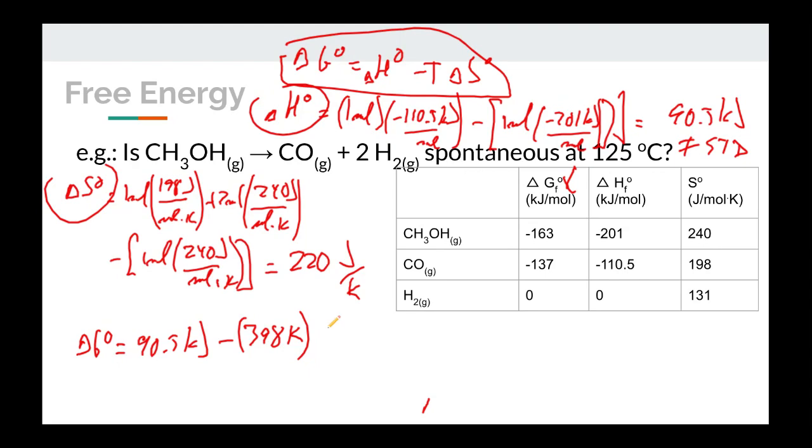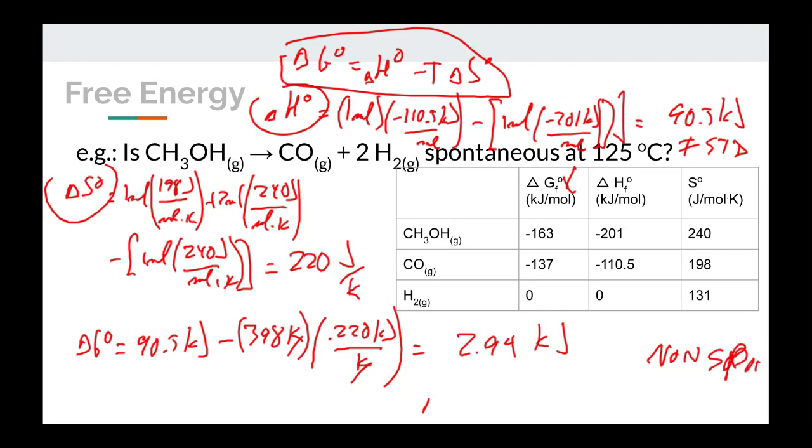To make our units match, we're going to change 220 joules per Kelvin into 0.220 kilojoules per Kelvin. Kelvins are going to cancel. This answer will come out in kilojoules, and the sum is 2.94 kilojoules. So this is non-spontaneous because it's a positive value.